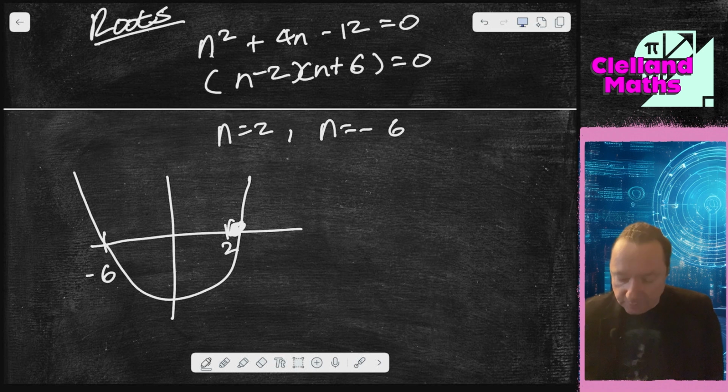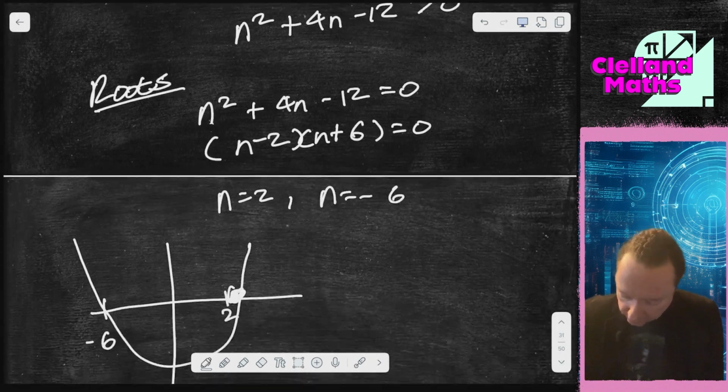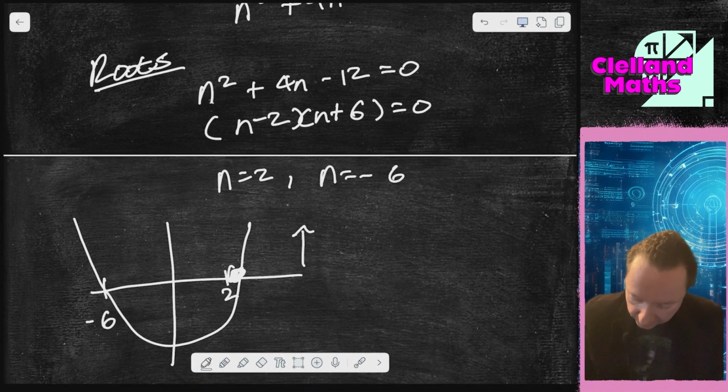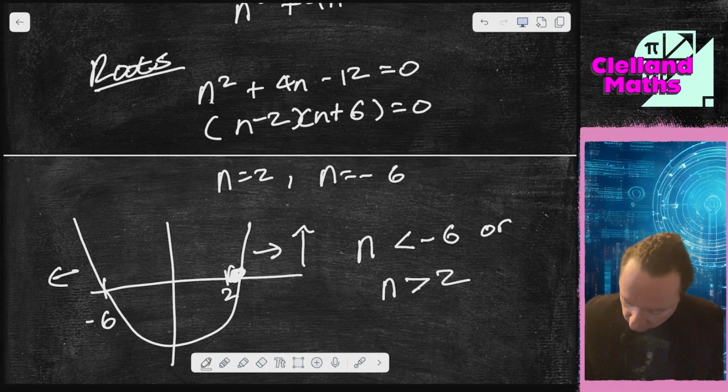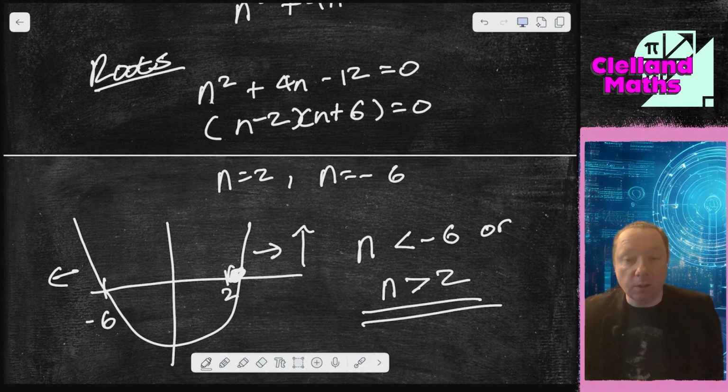The main thing is we want it to be greater than 0, so we're above the x-axis, so that keeps going to the right and it keeps going to the left. We're stuck in between. If we get stuck here and here, that would be below. So that means that x, or n in this case, is less than minus 6, or n is bigger than 2 is our answers, and we're done there.